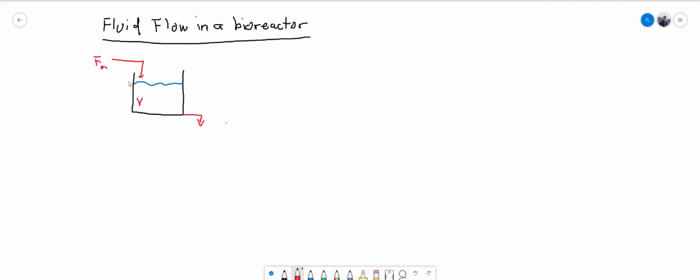Coming into our system we have some type of fluid, F in, and inside of our system we have a particular volume. And then going out at some point, we have that fluid also leaving at some rate K, which is just a constant, times the height of this particular volume, right?